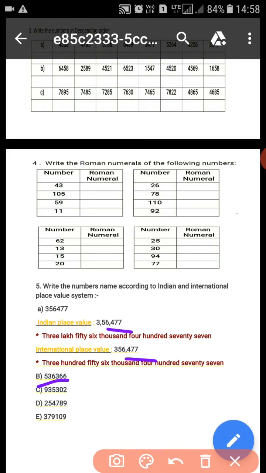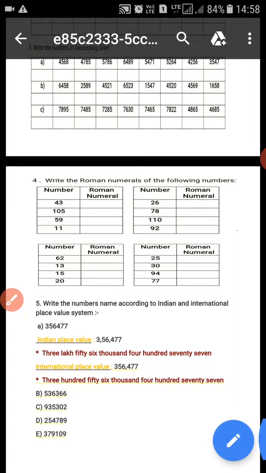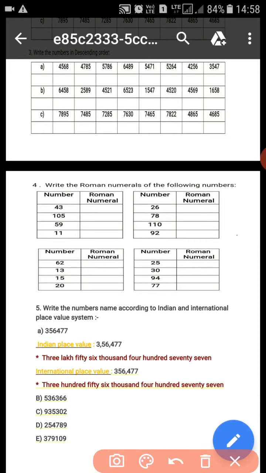Example first. How to write in the Indian place value? Firstly 6, we start from the right side. Okay, 6, 6, 3, then comma. Okay, because after the first 3 digits we put a comma, then 6, 3, put a comma, because the next comma comes after the next 2 digits in the Indian place value system, then 5.